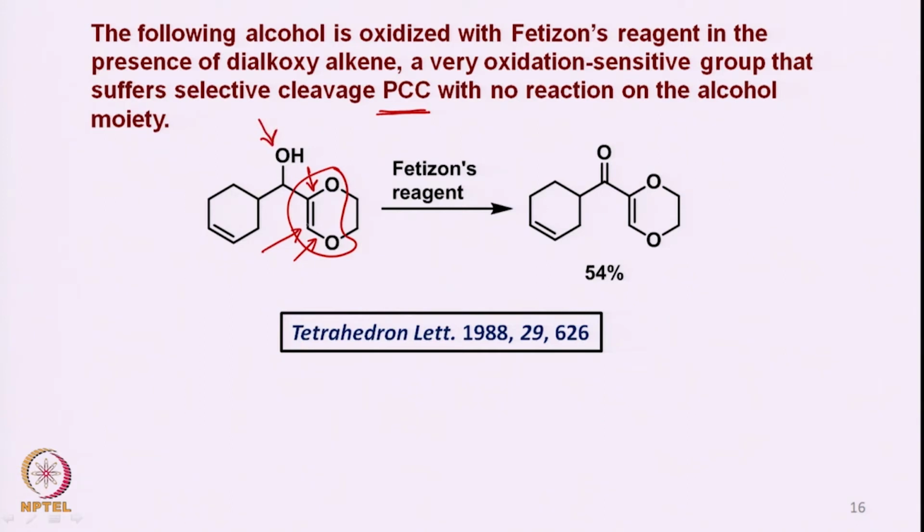That means the CC bond was cleaved and there was no alcohol oxidation. On the other hand, Fetizon's reagent allows the oxidation to take place, even though the yield is low, still oxidation does take place, and the reagent allows oxidation of such an allylic alcohol, which is a sensitive substrate.